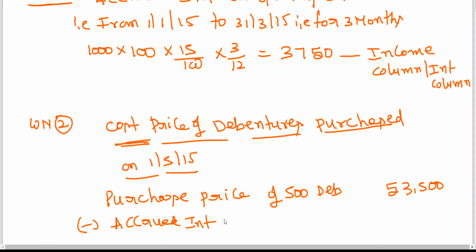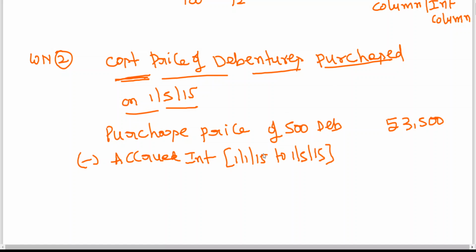Accrued interest is to be calculated from 1st January 15 to 1st May 15. That is for how many months? 4 months you have to calculate. So accrued interest is equal to 500 debentures into 100 into what is the rate of interest? 15%, into 4/12. Got it, all of you?